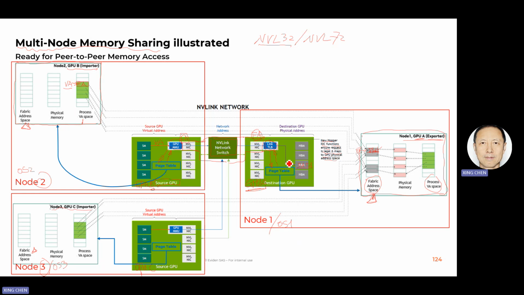If this physical address points to this data, then the GPU just needs to read this data and send it back through the network to GPU B. And this is the process for GPU B to read the memory of GPU A. Okay, here we have a GPU, we have a node.